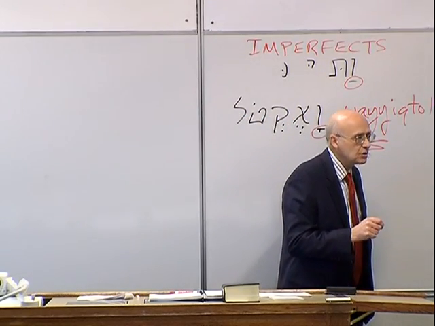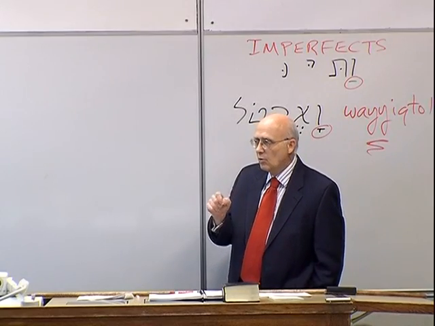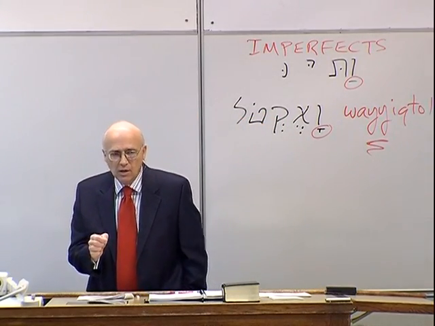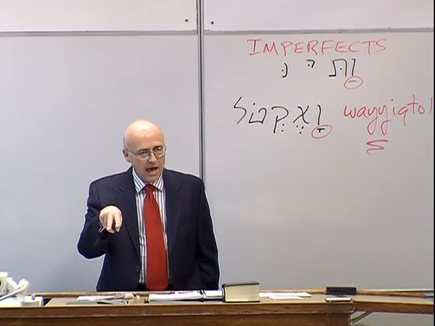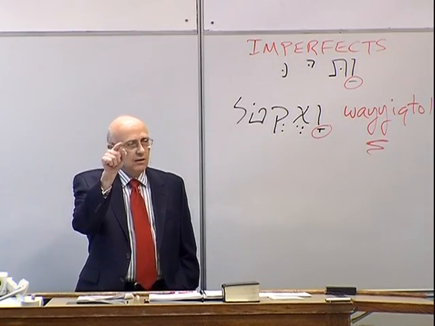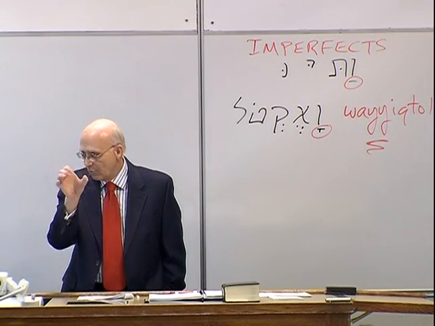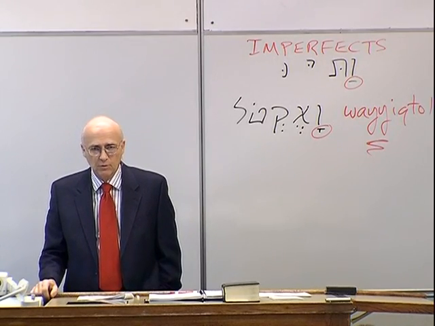Wow consecutive verbs are verbs that are imperfects with a wow prefix that has an A-class vowel, and in all except the aleph, that A-class vowel is a pathach, and the doubling dagesh is found in the following prefix letter that's on that imperfect. The prefix is what is doubled.